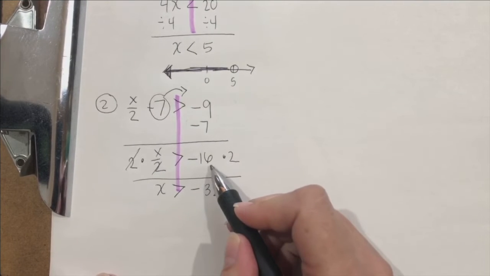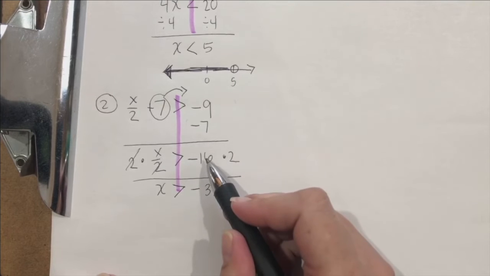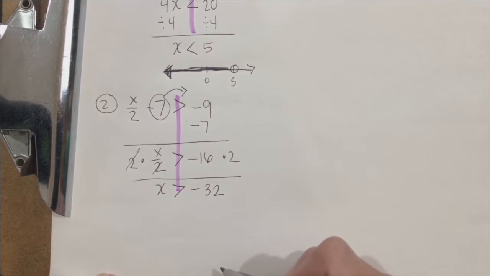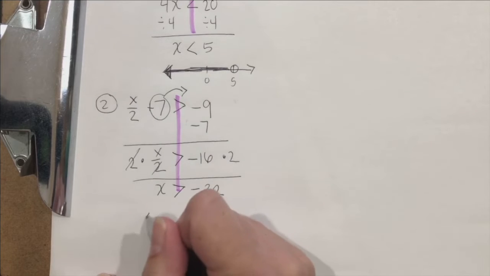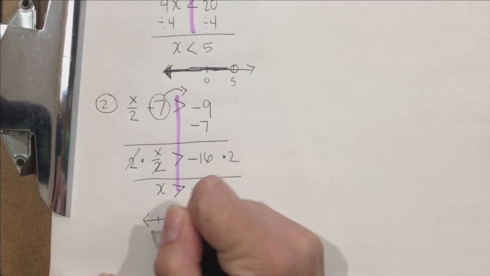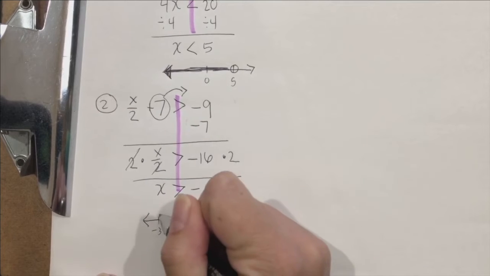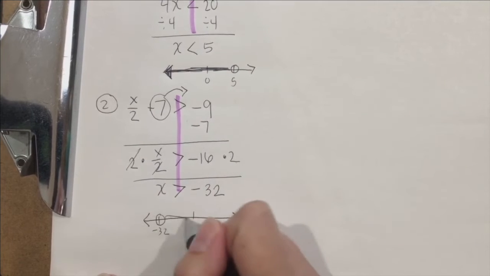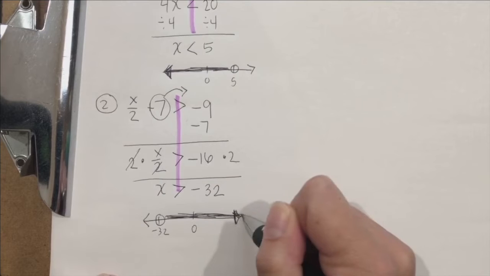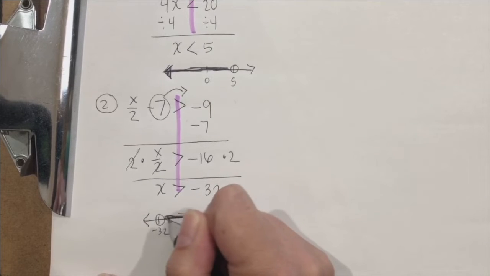Remember, 15 times 2 is 30, and then you need 1 and 1 more, so 32. And let's graph it. 0, negative 32, open circle, and we shade going bigger than, because x is greater than negative 32.